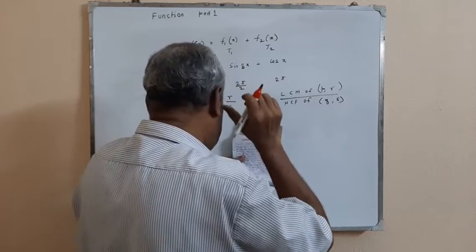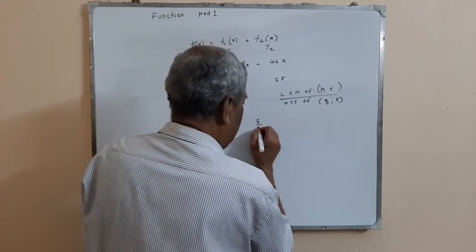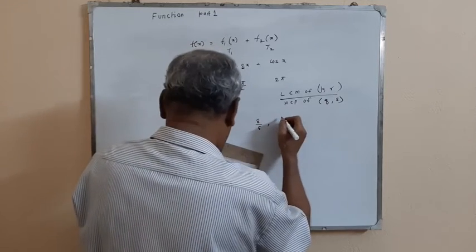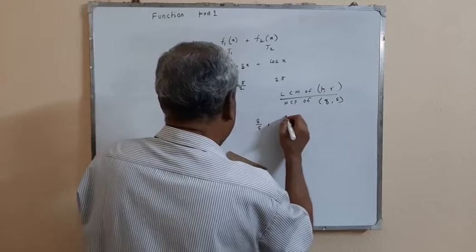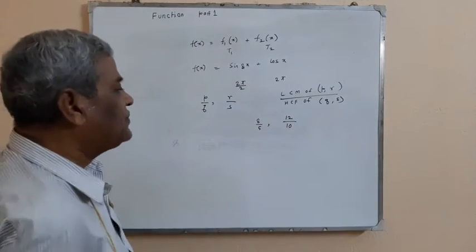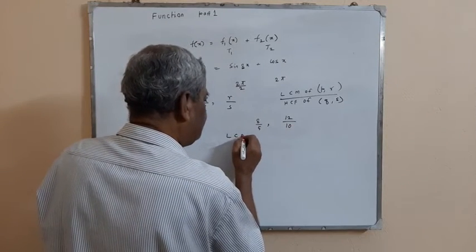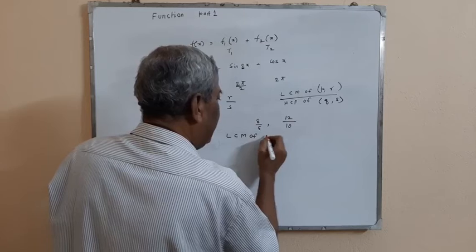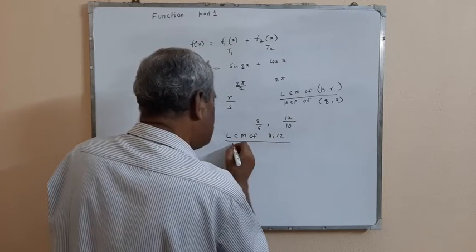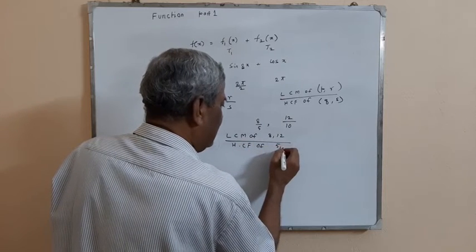For example, say 8 by 5 is one fraction and another one is 12 by 10. The LCM of these is the LCM of 8 and 12 divided by the HCF of 5 and 10.